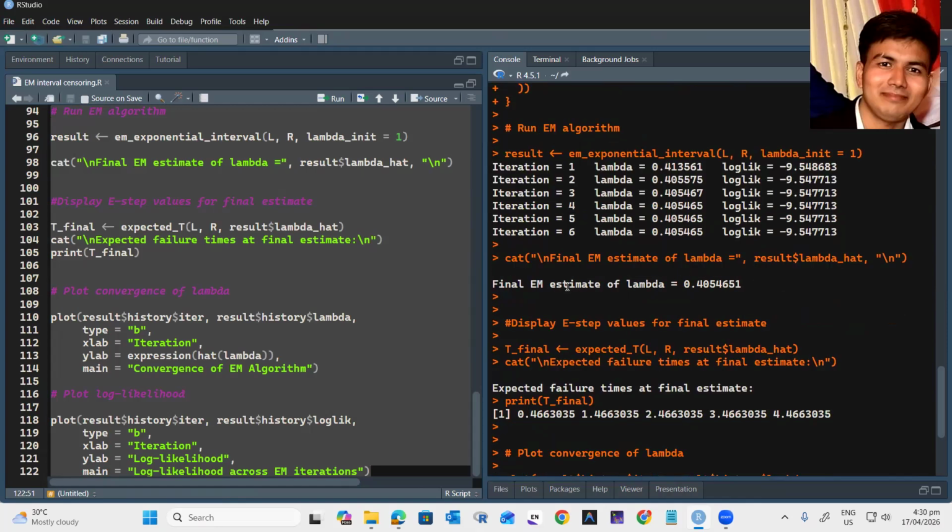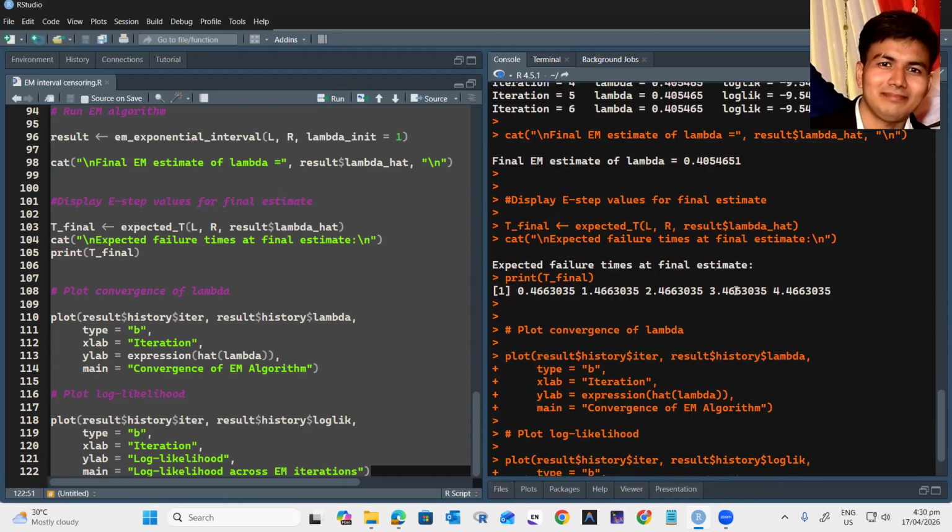So the final estimated value of lambda was 0.4054651, and the expected failure times at the final estimate, for each value that we don't know initially, were 0.466035, 1.466303, 2.466, and so on. All right, these are your values of capital T.